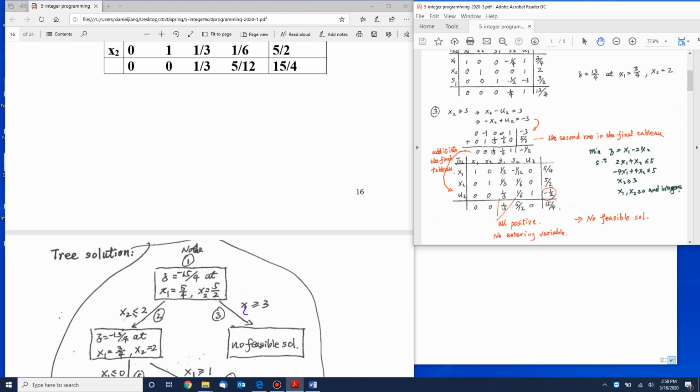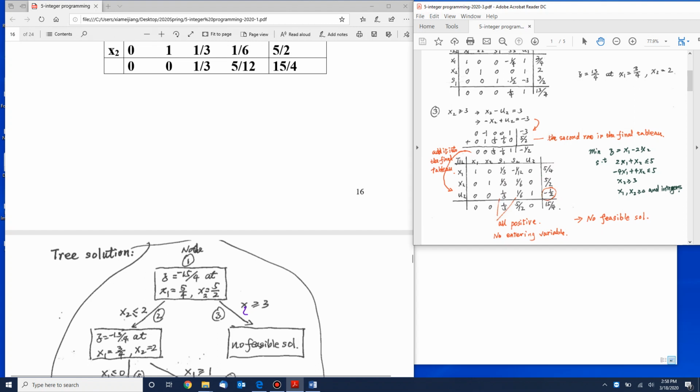If we let x2 depart, there's no entering variable, and that means there's no feasible solution. So if we ask for x2 greater than or equal to 3, there's no feasible solution. This is a terminal node. We cannot go any further.